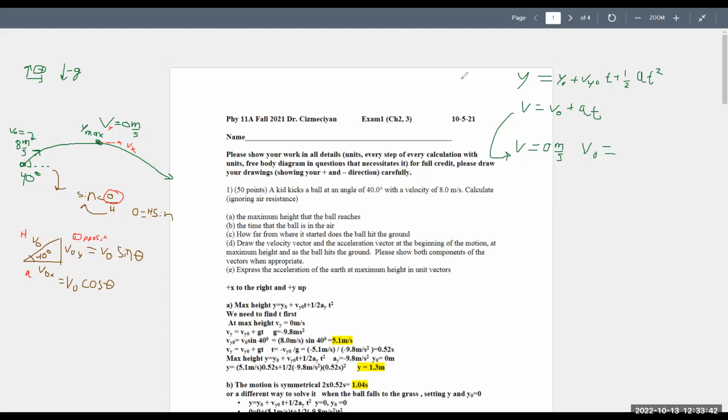Right, so then if we go back to where we're trying to find the time for the equation, we have v naught y is equal to 8 meters per second times sine 40 degrees.